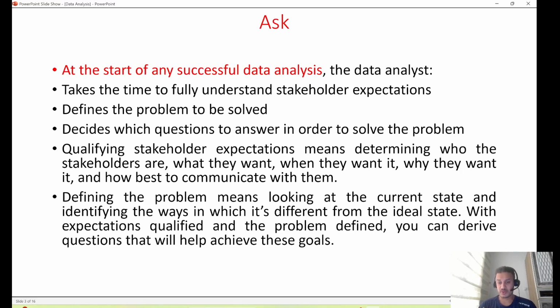Defining the problem means looking at the current state and identifying the way in which it differs from the ideal state. So you start simply by asking the questions. Who are your stakeholders, what do they want from you, and so what is the problem that you need to solve?